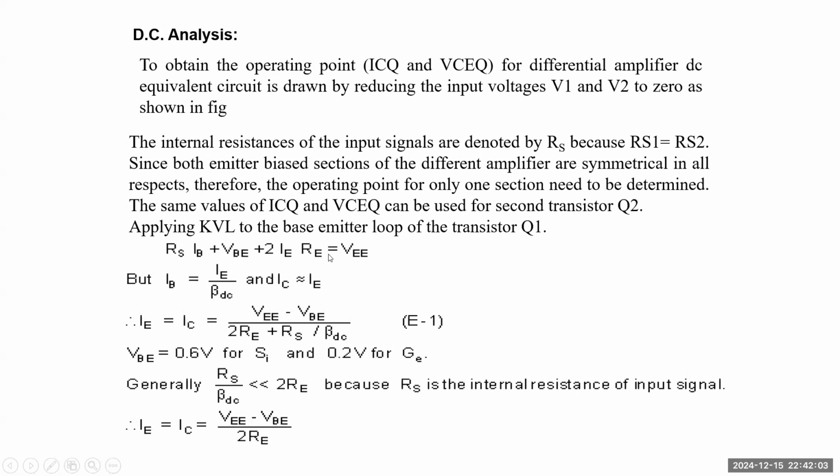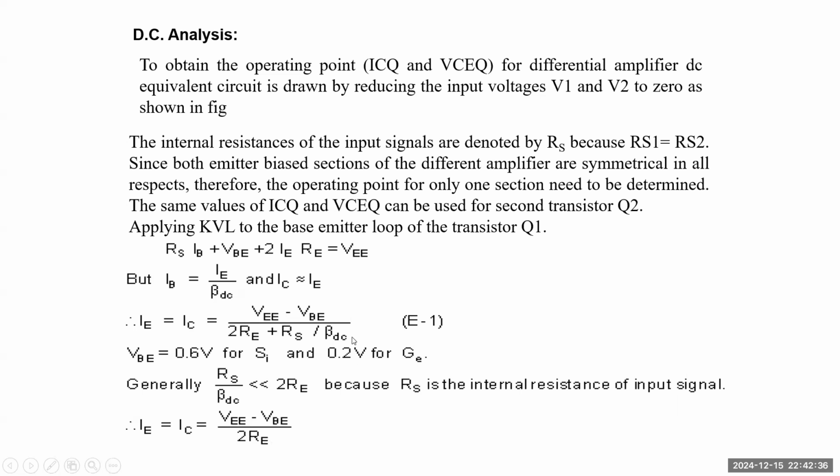We are rewriting the above expression in terms of IE, and we get IE equals VEE minus VBE by 2RE plus RS by beta DC. Since RS by beta DC is much less than 2RE, we neglect this term, and IE, which is approximately equal to IC, is given as VEE minus VBE by 2RE.